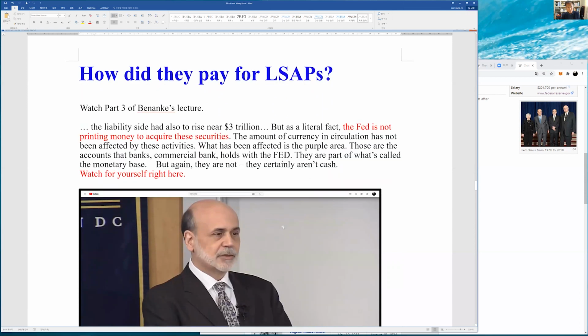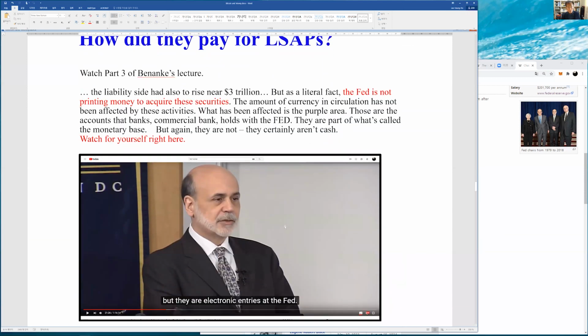Here are the words of Fed Chairman Ben Bernanke in his college lecture series. He said that they just increase the electronic balance at the Fed. Each commercial bank has a reserve account in the Federal Reserve Bank. They just increase this amount, just increase the numbers, and then they can create money.